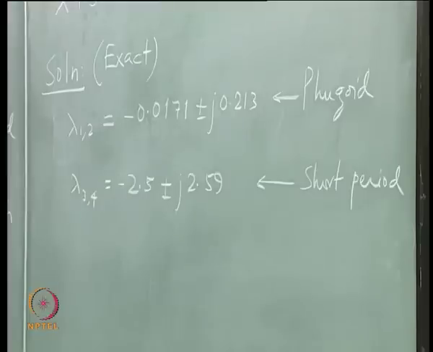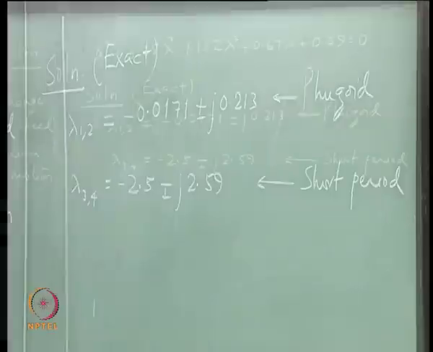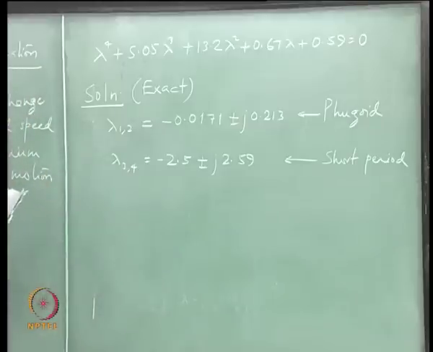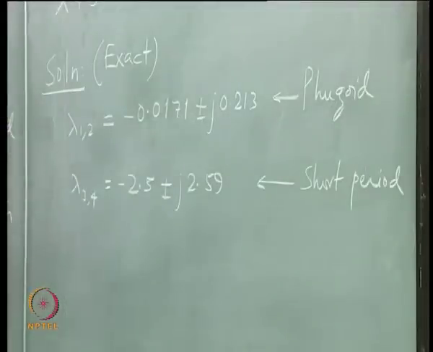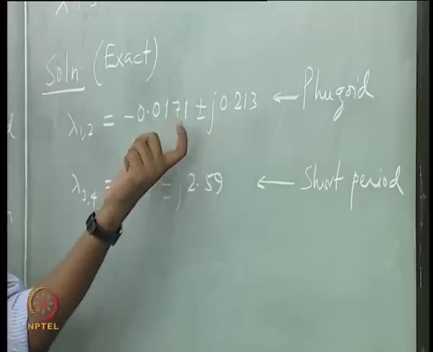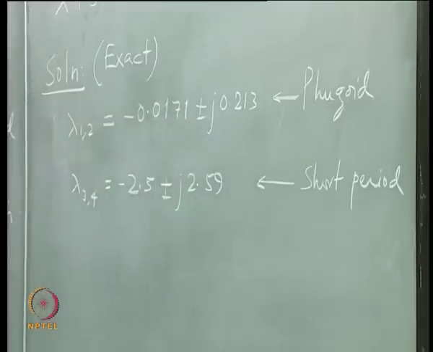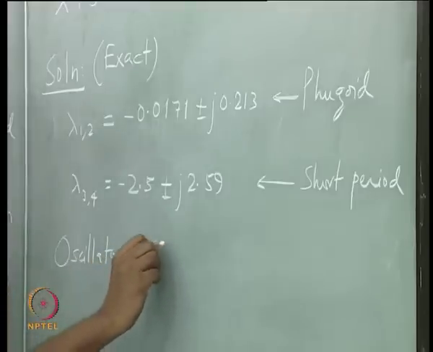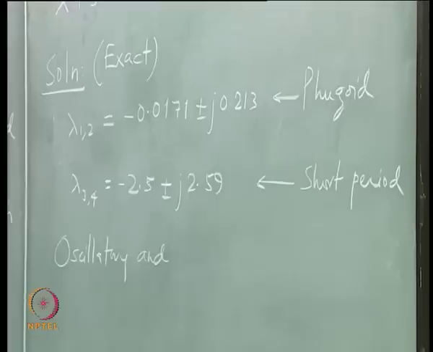So, these are exact numbers obtained by solving the matrix for eigenvalues. We find that both these modes are oscillatory, because these eigenvalues are complex conjugate, and stable.